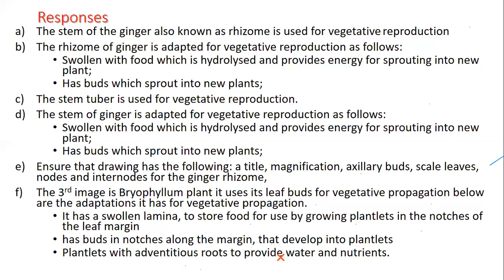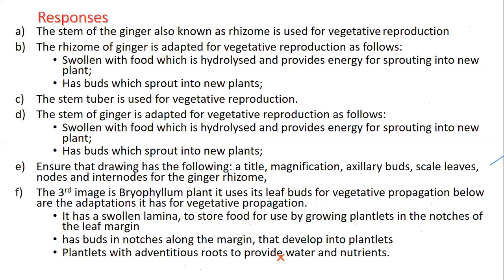And we know from our topic of respiration that that food is broken down to generate energy during respiration. So if a plant has a swollen stem, then it means it is carrying food. And because we know that these are perennating organs, it means that when the harsh conditions have passed, that food will be used to allow the plant to come up. I hope that is clear.